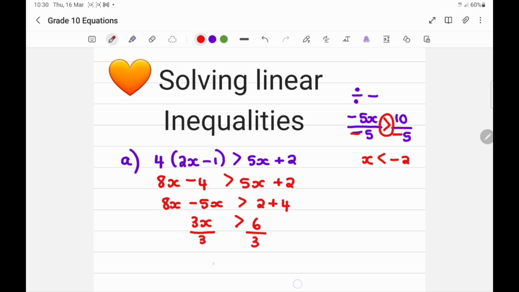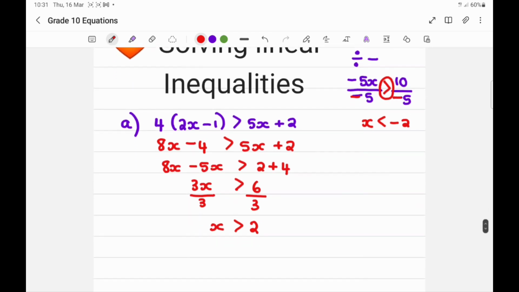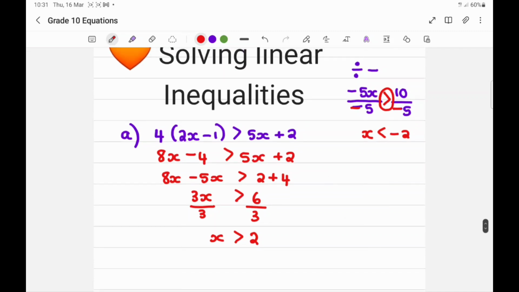Divide by 3 on each side, and x is bigger than 6 divided by 3, which is 2. So x is bigger than 2. Do you see you've got a collection of answers, not just x is 2 or 5. This inequality will be true for any value of x that is bigger than 2.